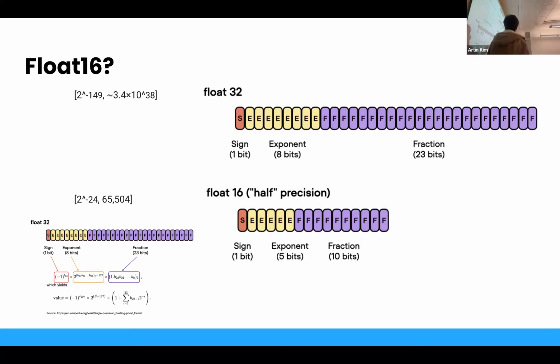It seems like just halving it, but there's a reason researchers don't just willy-nilly halve it. That's range. Precision is also a factor: if you want to move from one representable number to the next, that gap becomes bigger. So something like 0.10001, 0.1002 may be representable with float32 but not with float16.